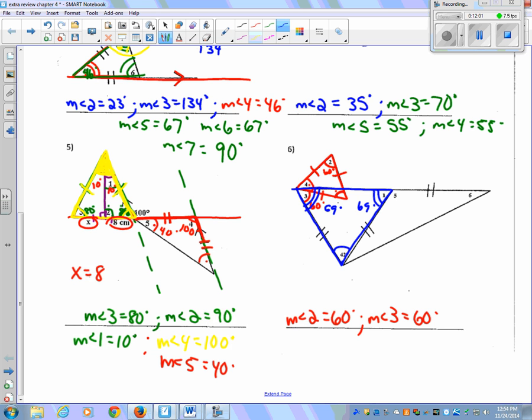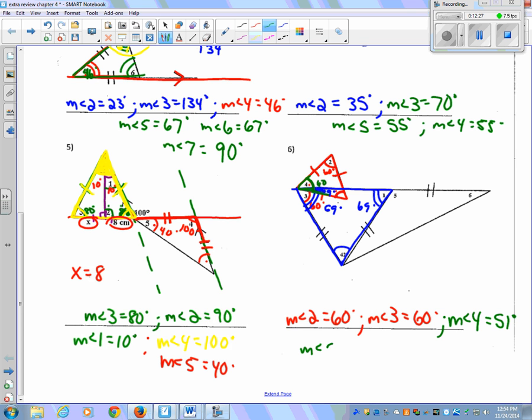Angle 3 was 60, which means this little piece in here is 9 degrees. Okay, so when we look back at this equilateral triangle, this whole angle was 60. This little piece of it is 9, we said, so the measure of angle 4 has to be 60 minus 9, which is 51 degrees.